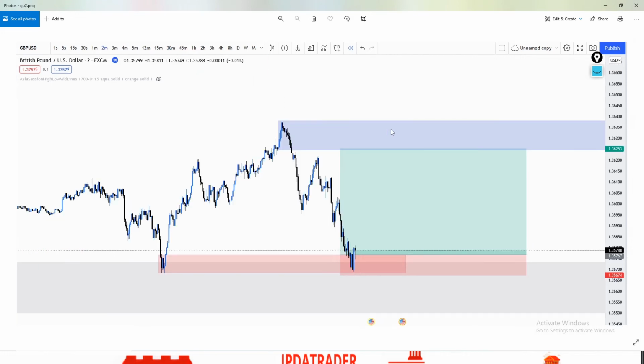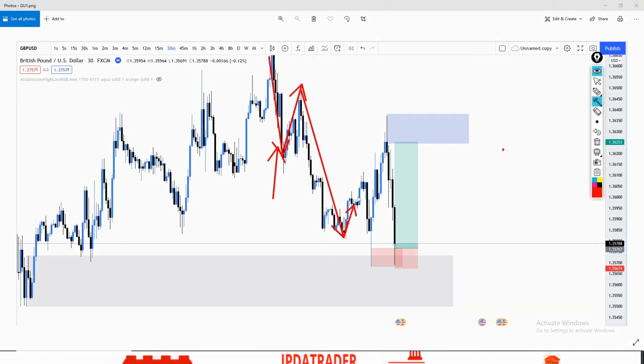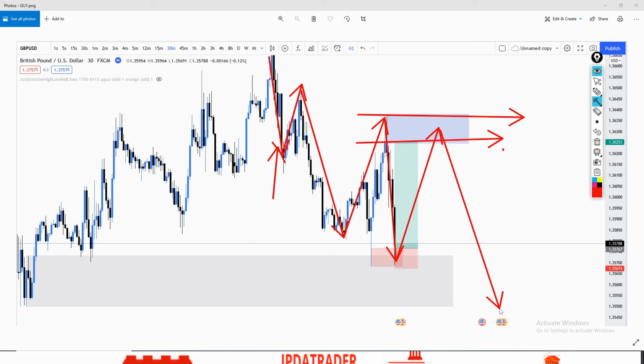As you can see, you take your entry over there and you're targeting the external structure once again. And if we go back to the previous picture, you will see why. Because you need to understand that you are internally bearish and that it is very likely that price can come up, fill this area, and continue lower.